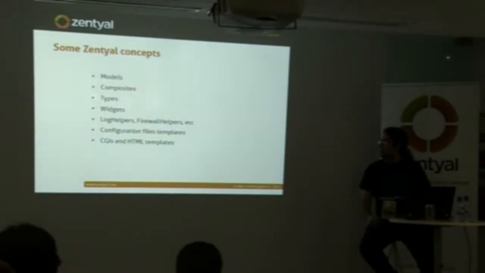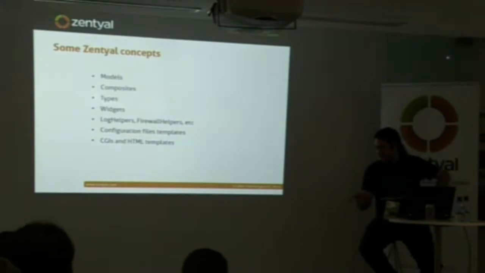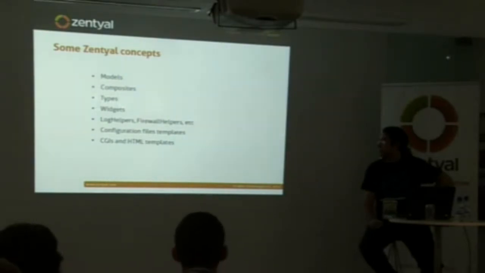There are also some other stuff to integrate with the rest of the Zentyal modules, like the log helpers, to define which layout has to have the database to store the logs, firewall helpers to tell the firewall module, I need to listen on port 25 in the case of the mail module, and configuration file templates.